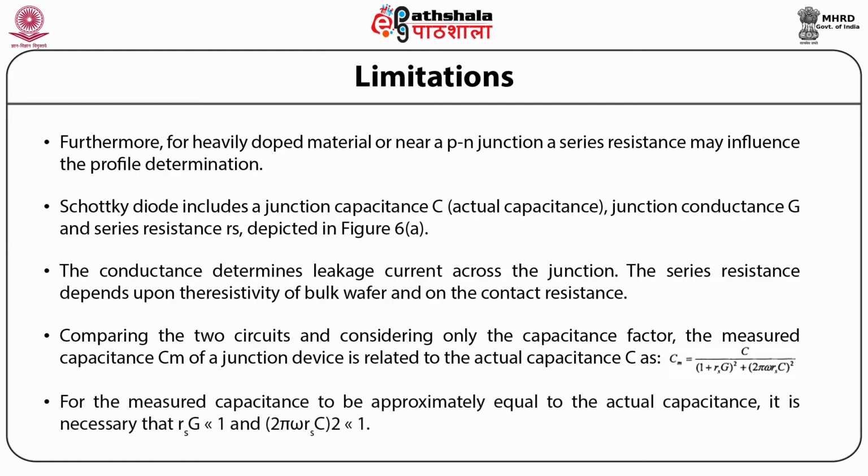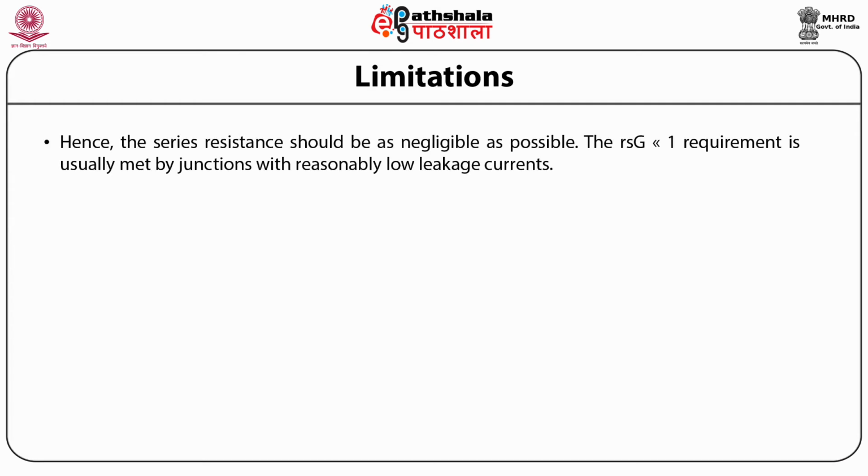For the measured capacitance to be approximately equal to the actual capacitance, it is necessary that Rs G is much smaller than 1 and (2 pi omega Rs C) whole squared is much smaller than 1. Hence, the series resistance should be as negligible as possible. The Rs G much smaller than 1 requirement is usually met by junctions with reasonably low leakage current.